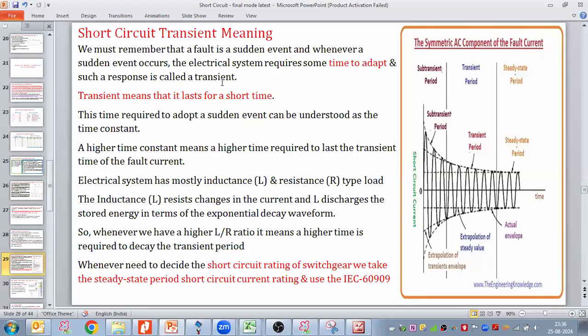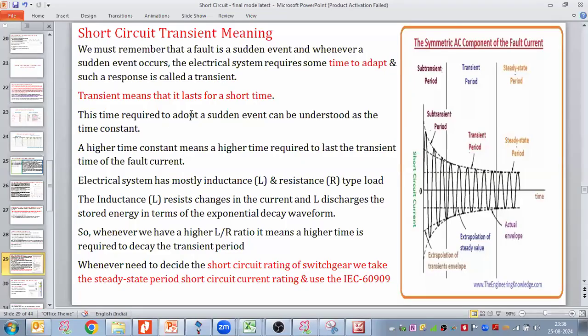This is the definition of transient in the electrical system: the time to adapt to a sudden change. A transient lasts for a short time.